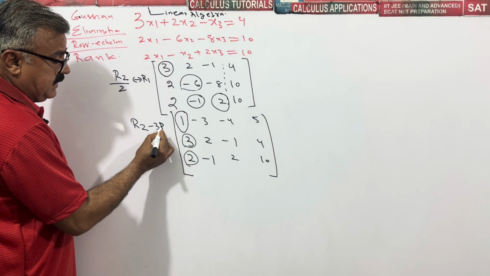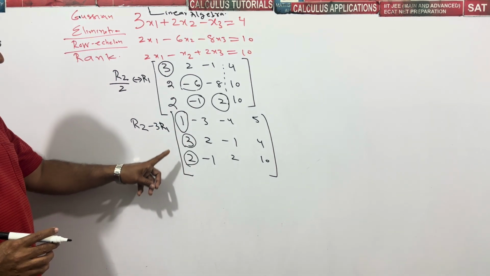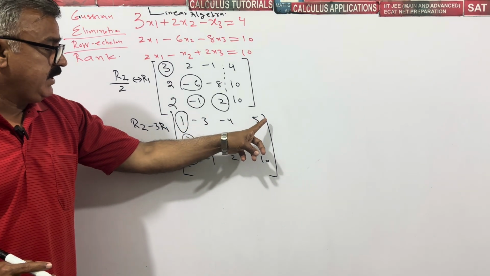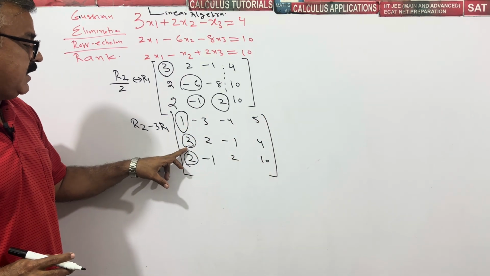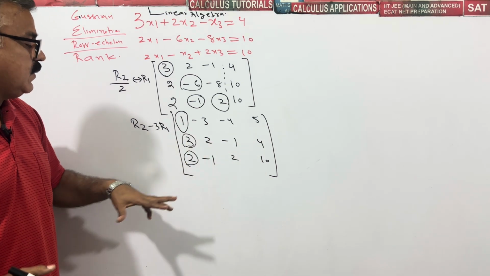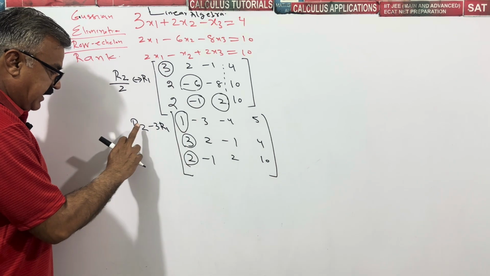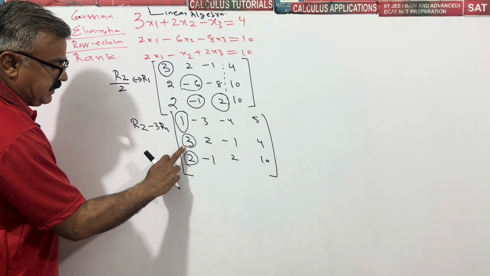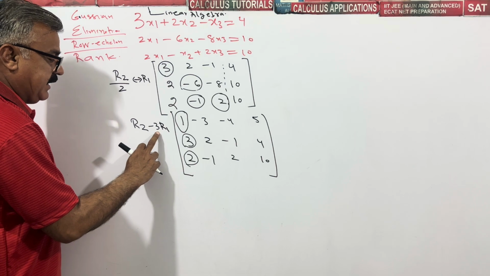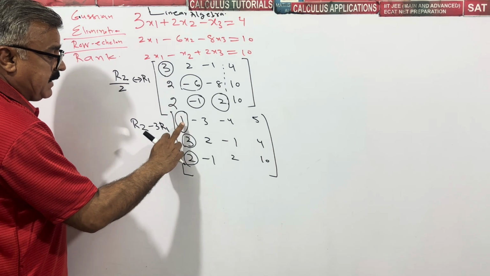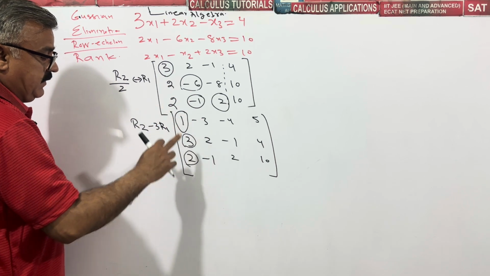Utilizing R1, or simply make R1 3 times and subtract from R2. I need 0 in R2; I have written R2. I have to vanish positive 3 by the induction of negative 3 times R1, because our pivot element lies in R1.